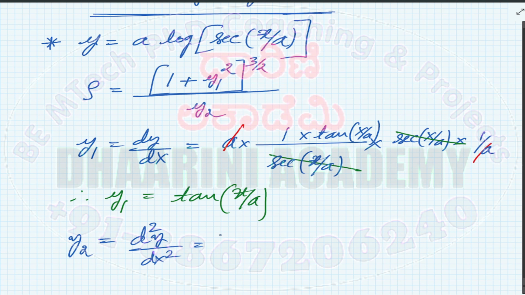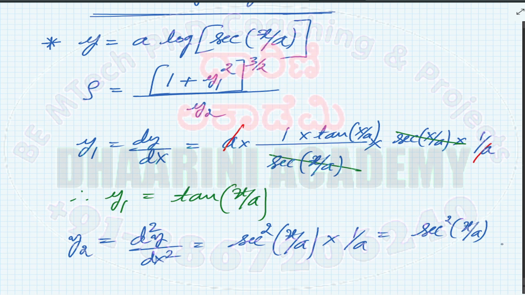Okay, so tan x by a becomes secant square of x by a, into differentiation of x by a, which is 1 by a. So I can call it secant square x by a divided by a. That's what y2 is.